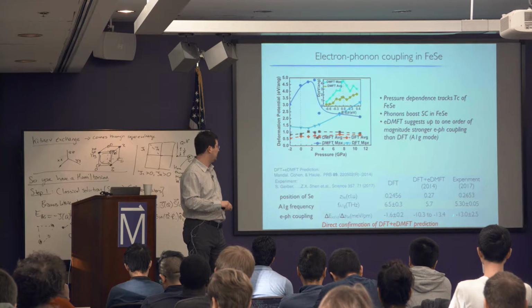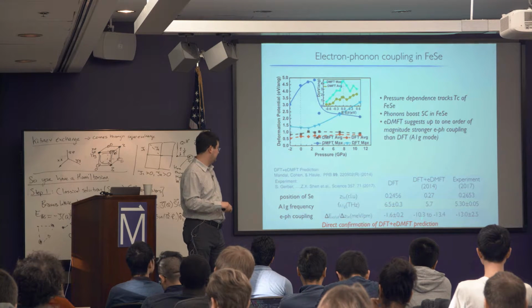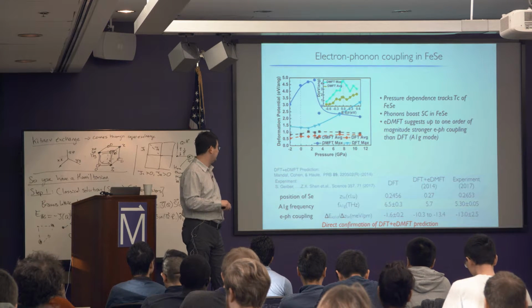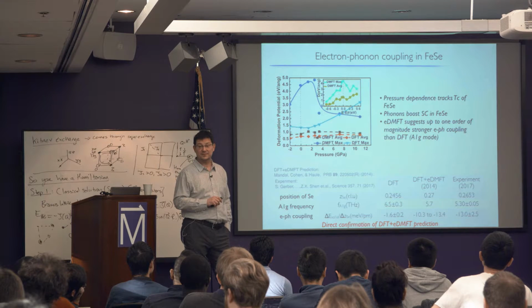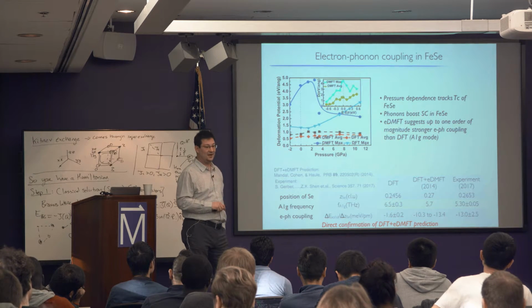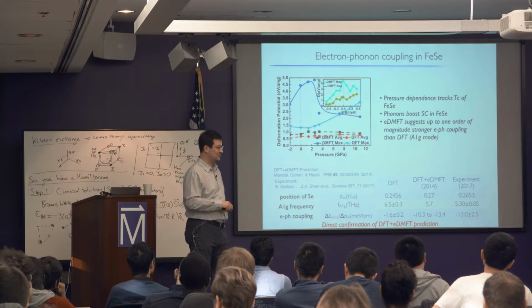So their point is that it's around -13, and the prediction in 2014, a couple of years ago, was that it's between -10 and -13, pretty close. But if you look at the DFT, you see that it's almost one order of magnitude smaller. So in other words, this was not just a lucky guess by theory, but we actually managed to predict it.